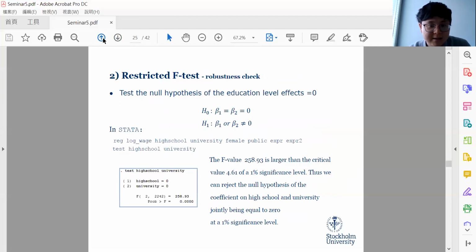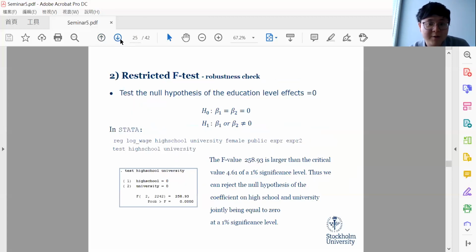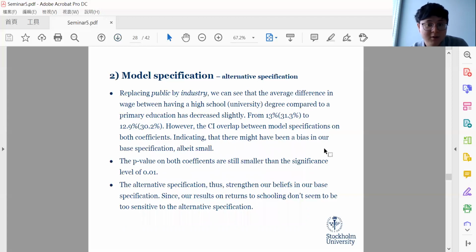Before, high school was 13% and university was 31%. After we change it to industry, it decreased to 12.9% and 30%. So our results are stable enough. Even if we change the control from public to industry, it does not affect the result that much.